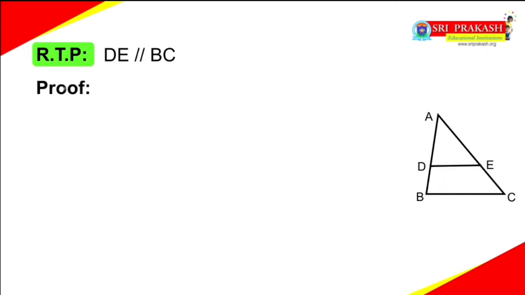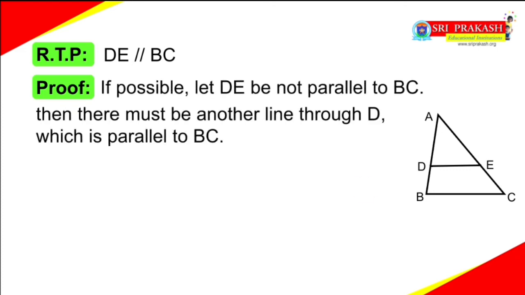Next, proof. Children, if possible, let DE be not parallel to BC. Then there must be another line through D which is parallel to BC. So let us take the line DF parallel to BC.